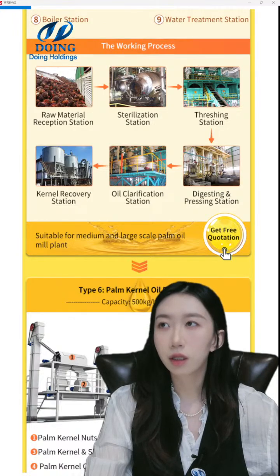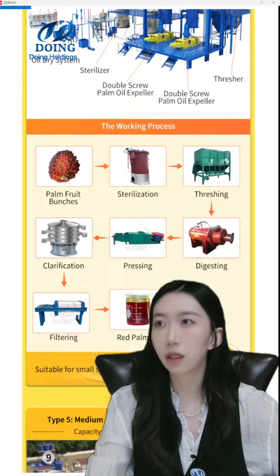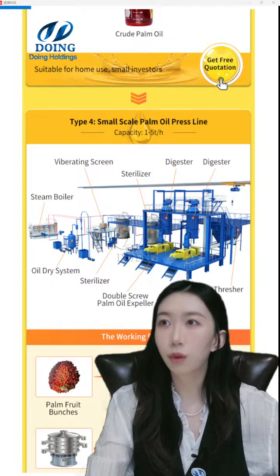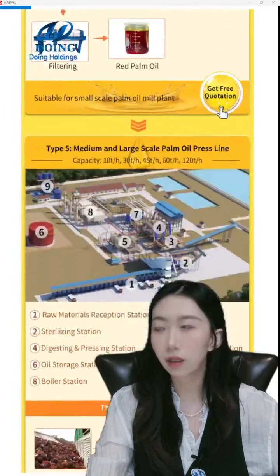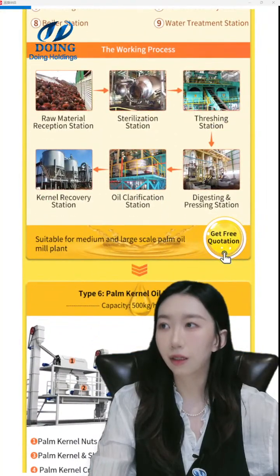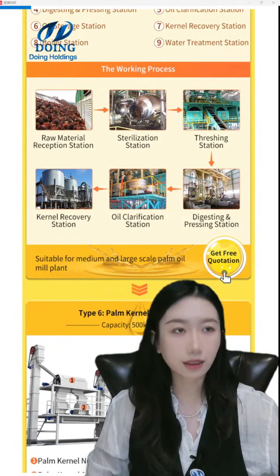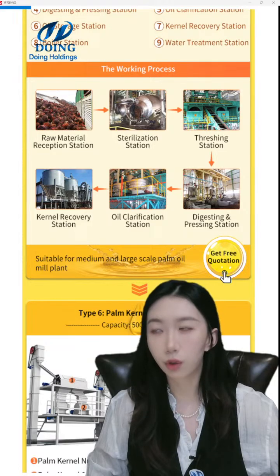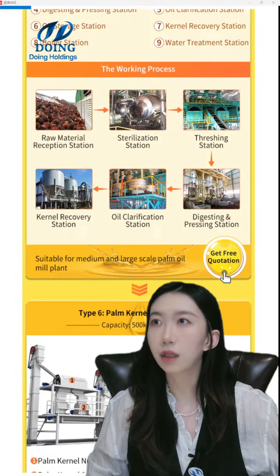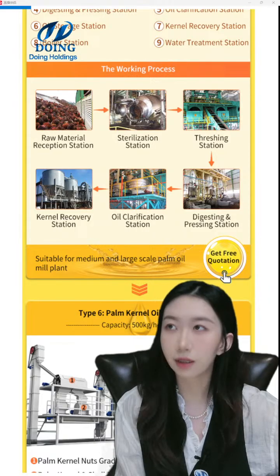The difference from the above small scale palm oil production line is that the large scale palm oil production line has a kernel recovery station. We can get pure palm kernel. And this is the large scale palm oil process.